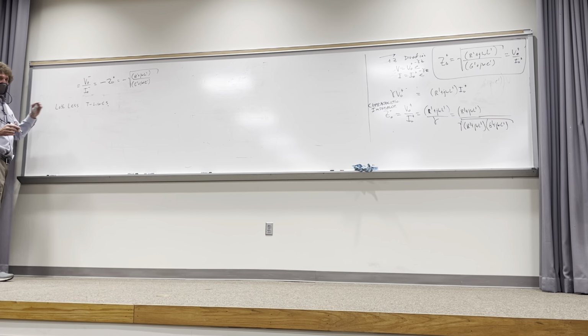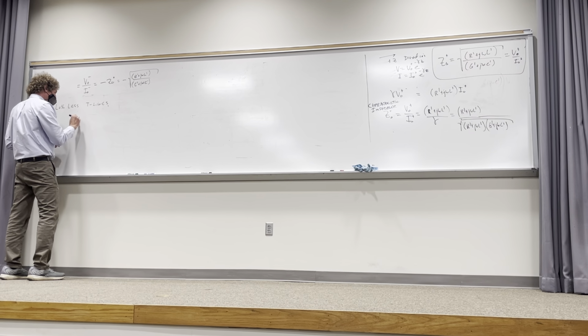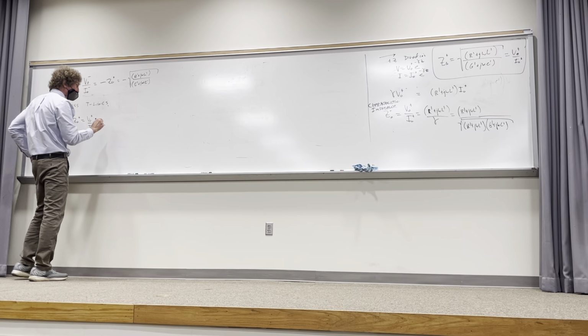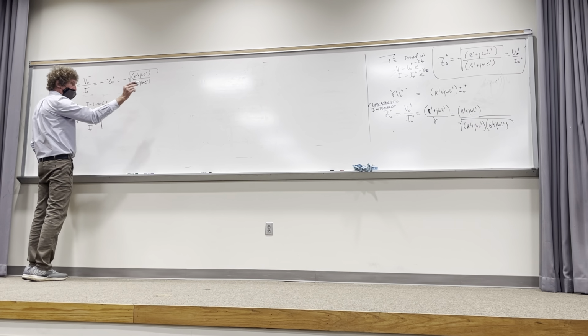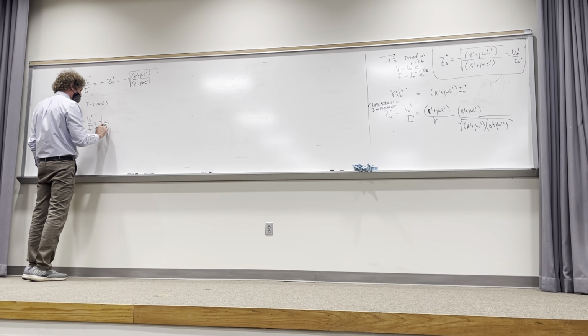But if we talk about a truly lossless line, or a line that could be approximated with that, then the characteristic impedance Z0 plus, which is the ratio of V0 plus to I0 plus, becomes simply the square root of L over C, L prime over C prime.